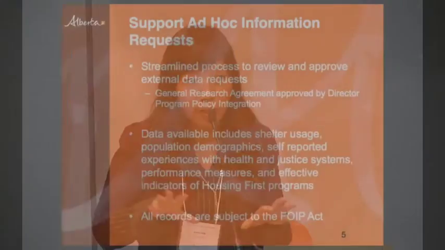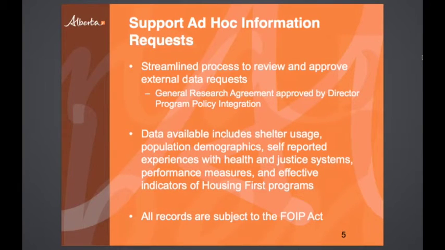We have external requests and internal requests, and 5 different types of requests. The government right now is implementing an information sharing strategy, and we have policy involving FOIP and PIA assessments. These things impact how we process the requests.